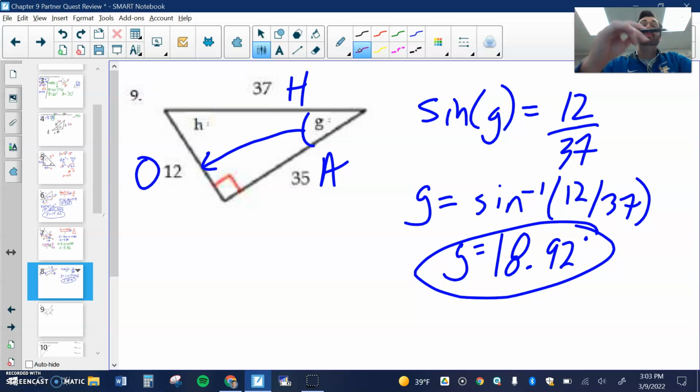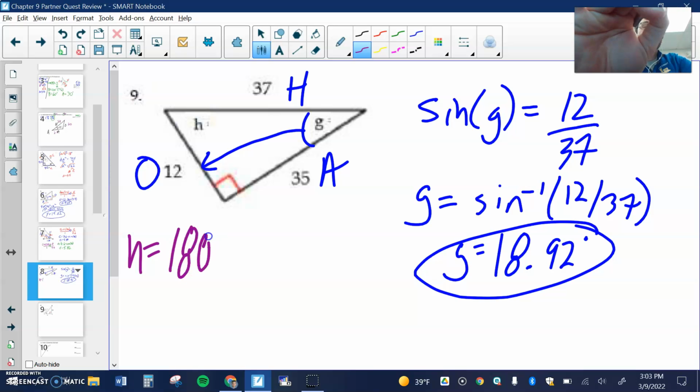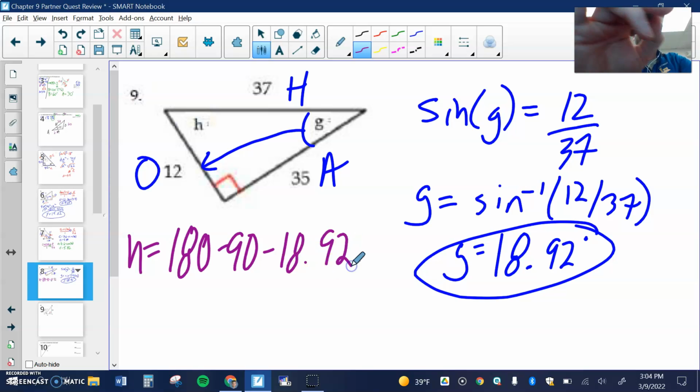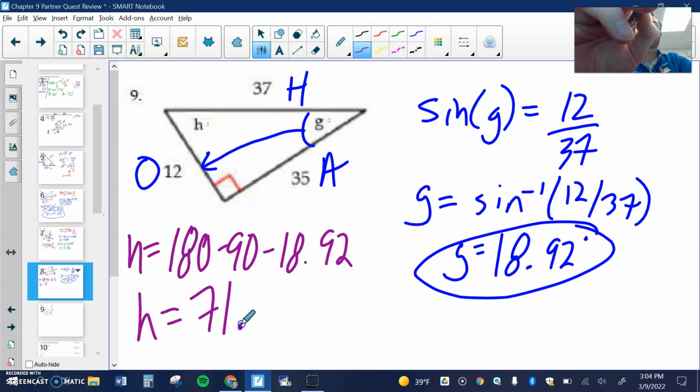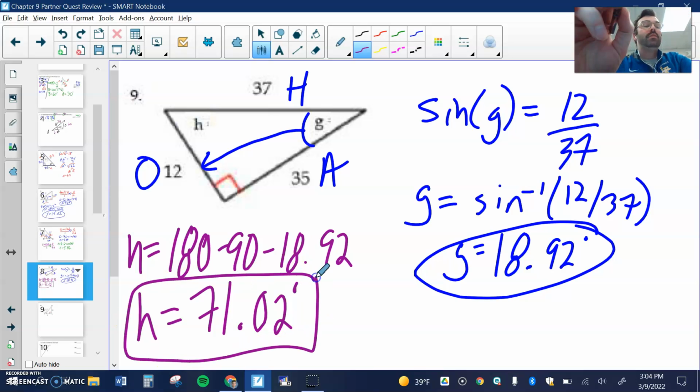So I could use trig again to find H, or I could use what I know about triangles and subtract 90 and 18.92 from 180. That would give you 71.02 degrees. Holy bug, this is a long page. All right, let's keep going.